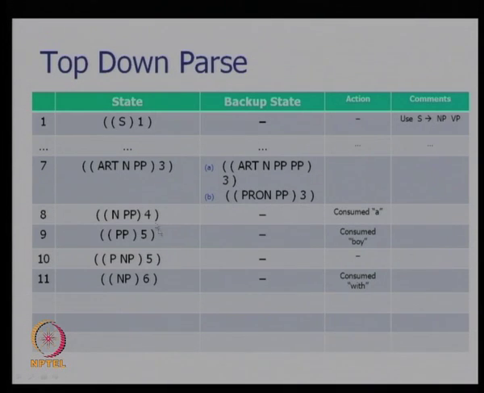All right. So, this shows how the stack based top down parsing can handle ambiguity by following one particular state on the stack up to completion and then revisiting the backup states and seeing if the parsing can be completed from those backup states. So, that would produce the other parse trees. So, I suppose this particular point is clear about how ambiguity can be handled in top down parsing.